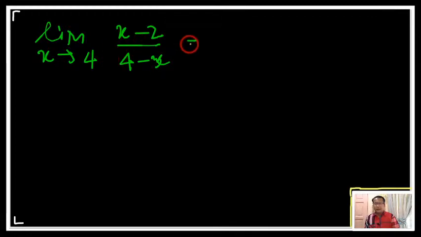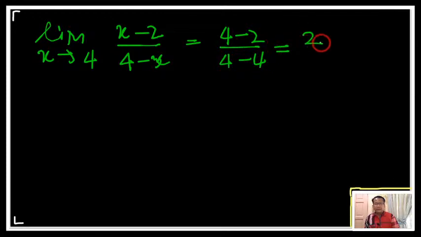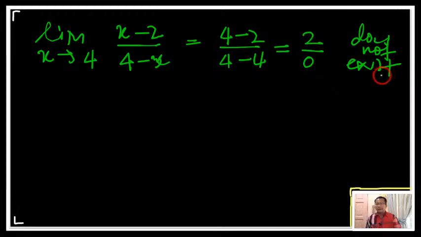If you substitute 4, you will get 4 minus 2 over 4 minus 4. So the answer is 2 over 0. So this one does not exist.